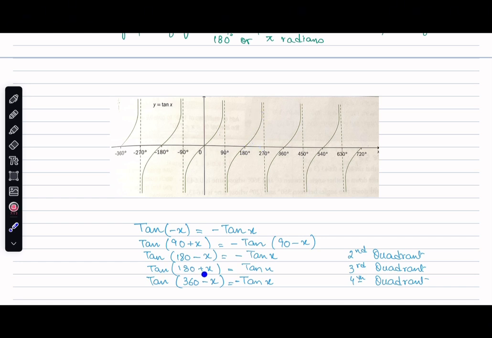Therefore, tan of 180 plus x equals positive tan of x. And then in the fourth quadrant, 270 to 360, again the curve is negative towards the negative y-axis. Tan of 360 minus x shall be equal to negative tan of x. So these are the few properties that we should know with respect to the tangent function here.